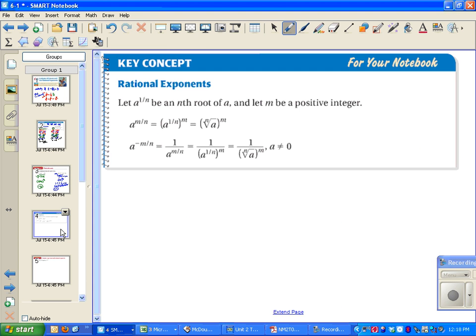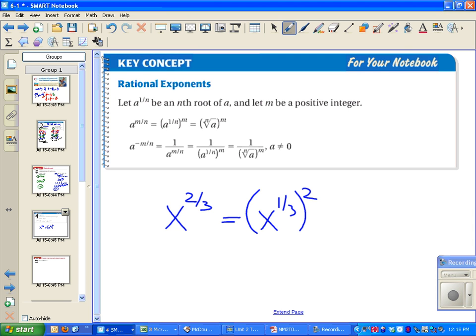Right, here's a key concept, which I kind of touched on. So rational exponents, a to the m over n, we can break that down. Sometimes that's helpful. So if I have x to the 2/3 power, sometimes it would be helpful to rewrite it as x to the 1/3 times 2, right?